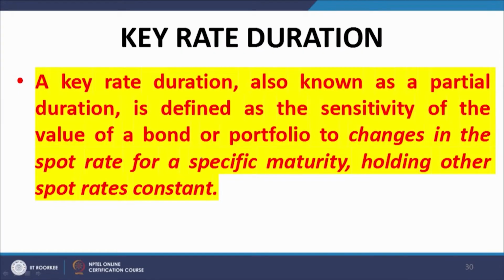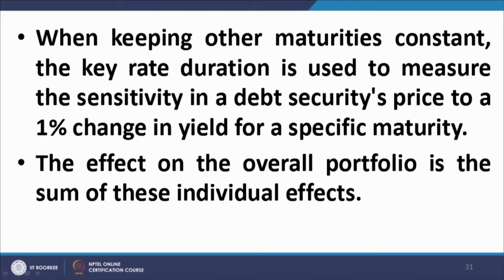So, the key rate duration is the percentage change in price, a measure of the interest rate sensitivity of the bond with respect to a particular spot rate, keeping all other spot rates constant. So, when keeping other maturities constant, the key rate duration is used to measure the sensitivity of a debt security's price to a 1% change in yield for a specific maturity.